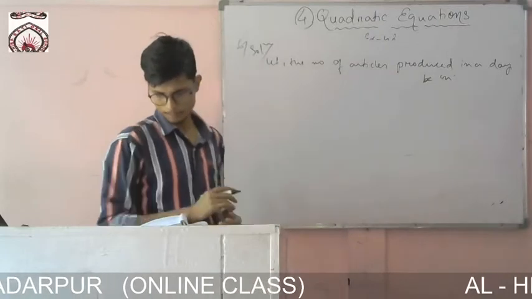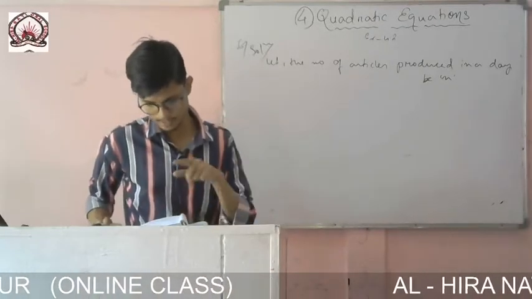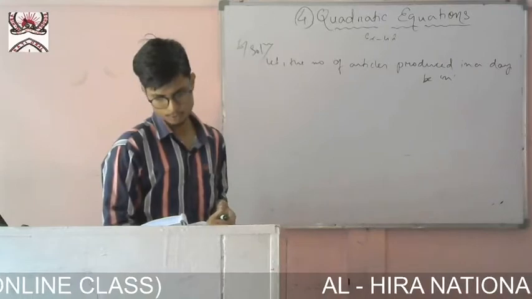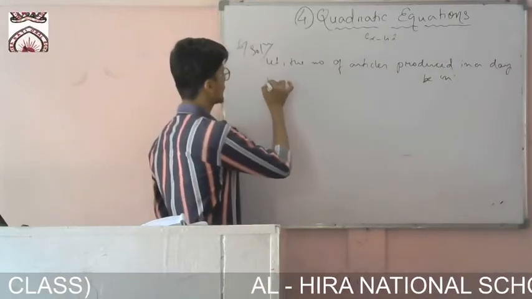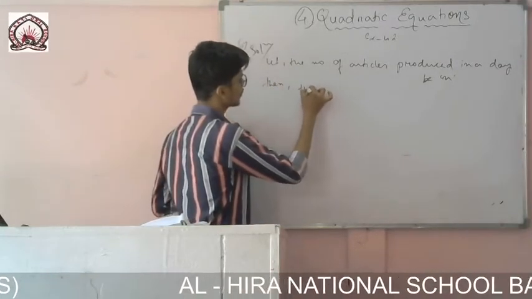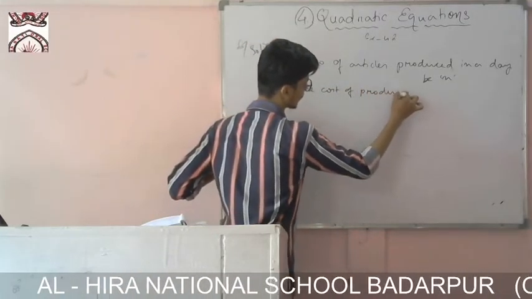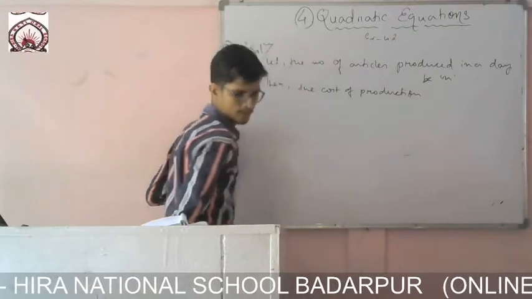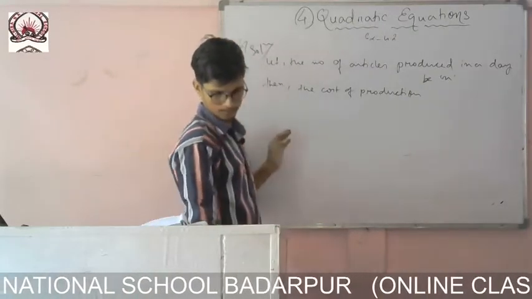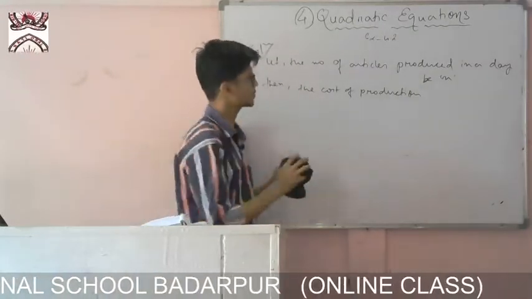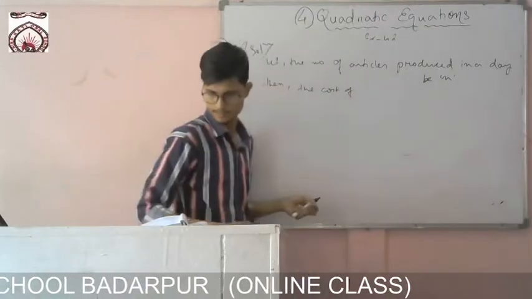Then the cost of production is given as 3 more than 2 times the articles produced on the day. Sorry, not cost of production, cost of one article is given.